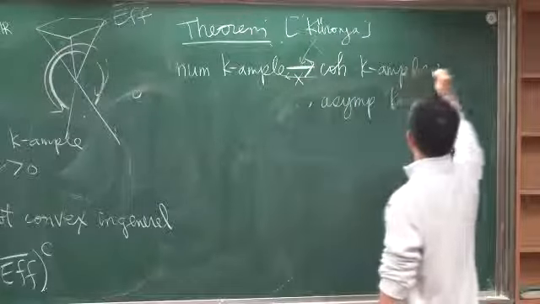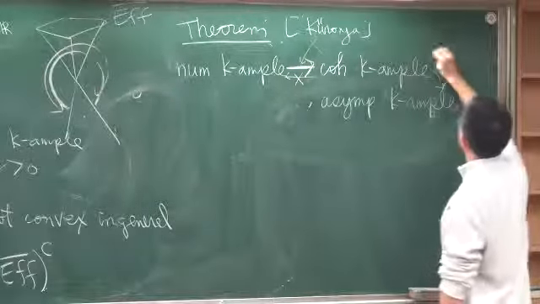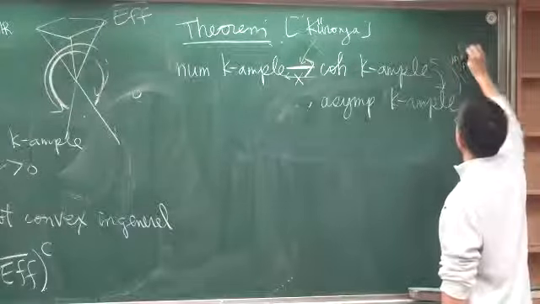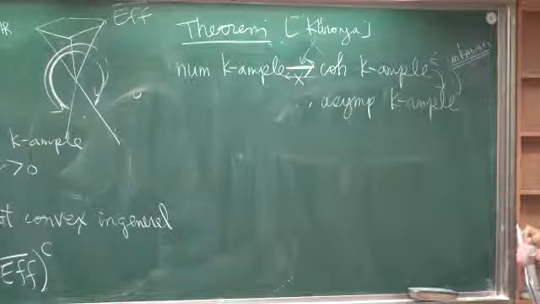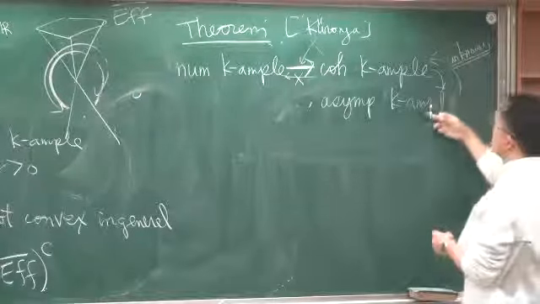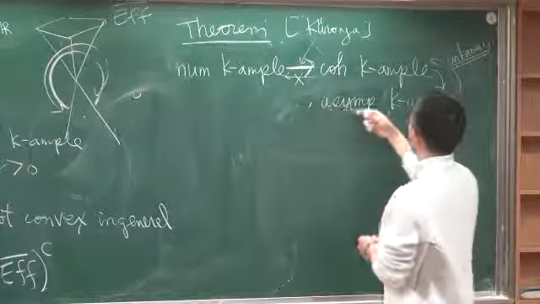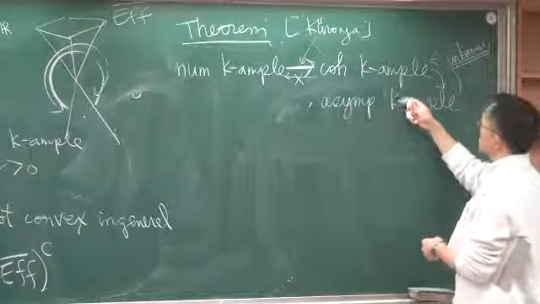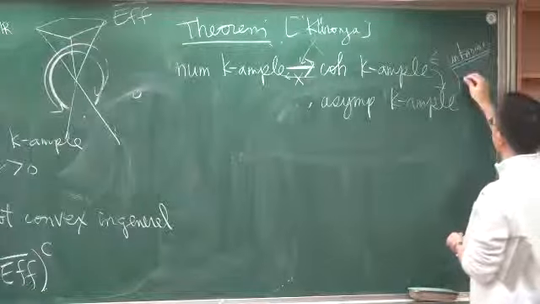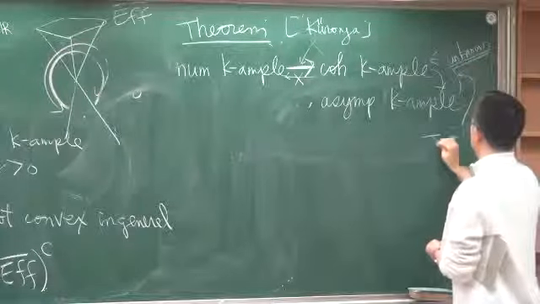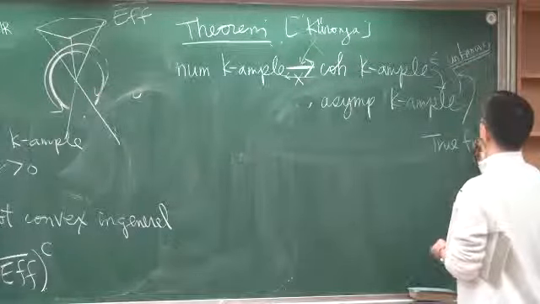So I write it this way. But this way is unknown. There are no examples of divisors which are asymptotically K ample but not cohomologically K ample. But this part is true for toric varieties.